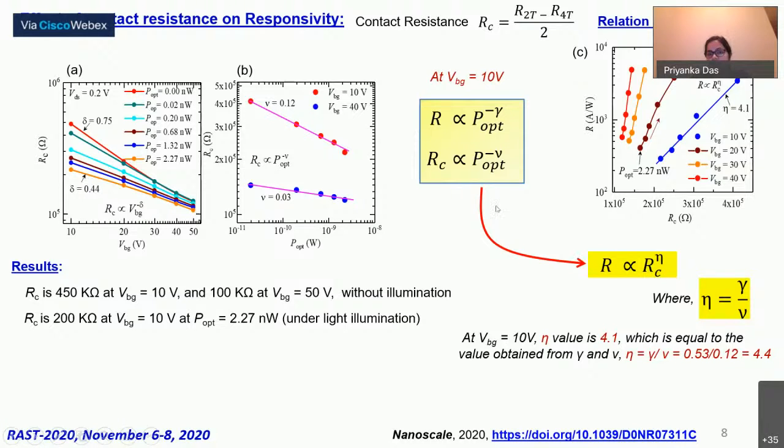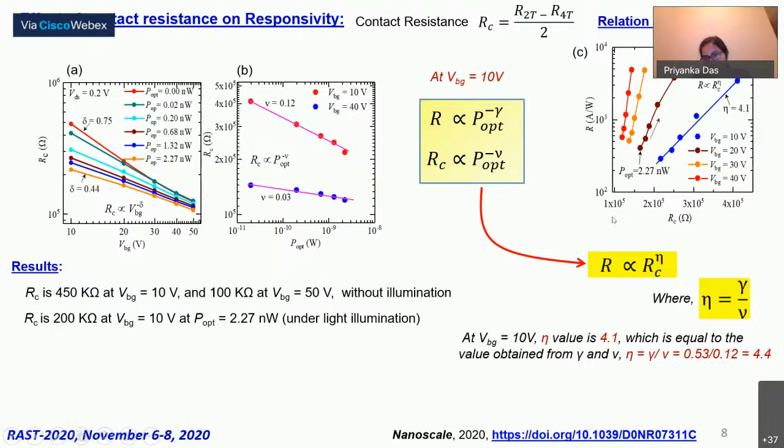So using these two relations at fixed backgate voltage, you can get directly the relation between responsivity and the contact resistance, which is like R proportional to R_C to the eta, where eta equals gamma over nu. So from this relation, you can directly get the eta. Again, you can get the eta from this gamma and nu value using these two relations.